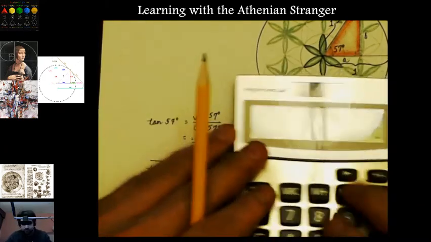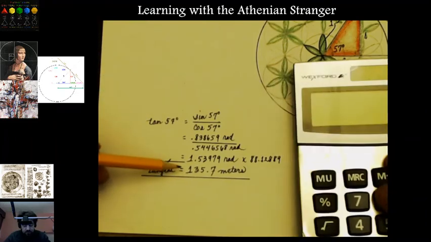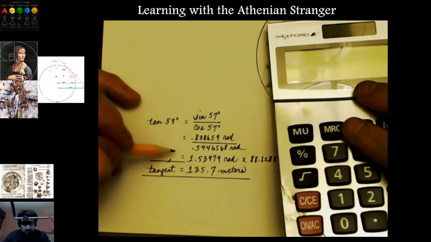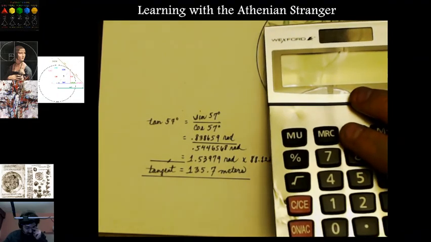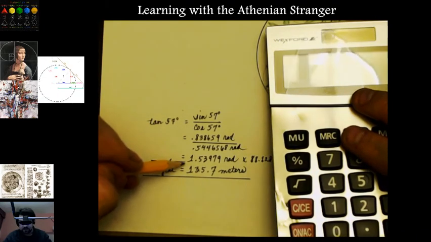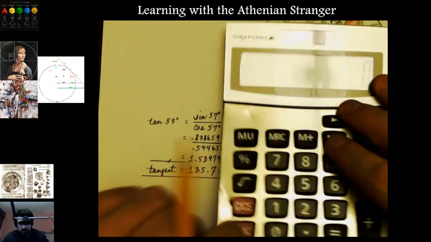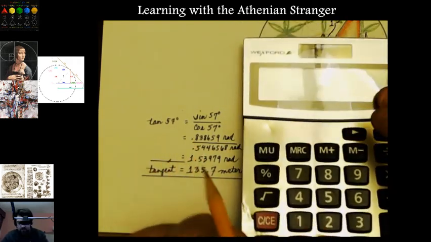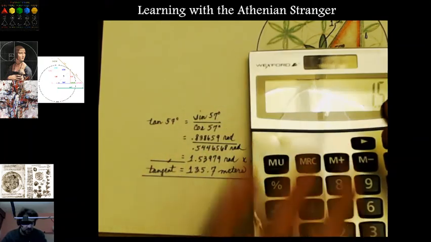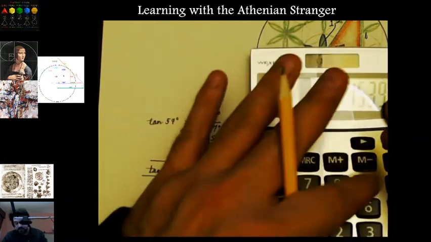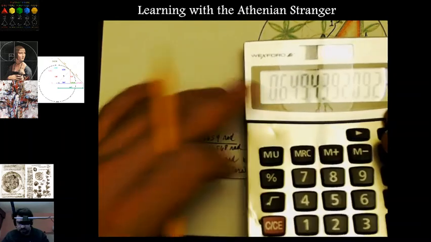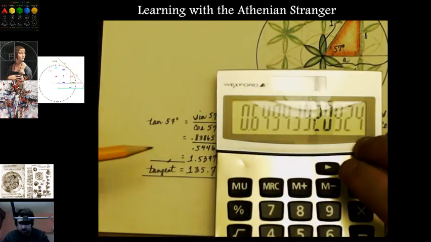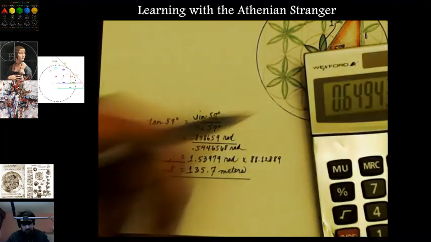Oops. I guess I'm going to need to do this starting with this radian figure here. So let's take 1 divided by 1.53979, and that gives me this number right here. All right, that's the cotangent here.